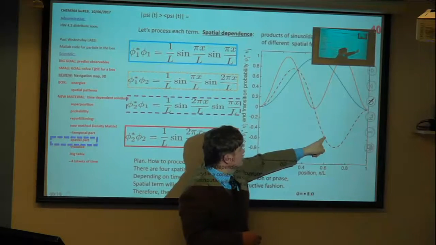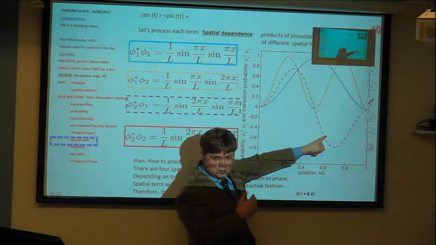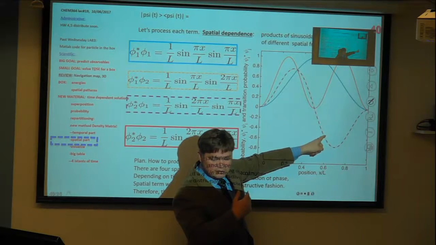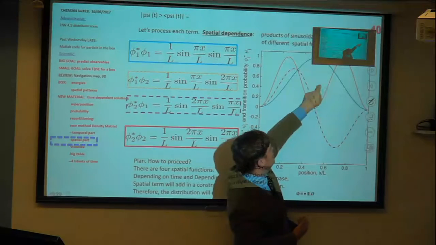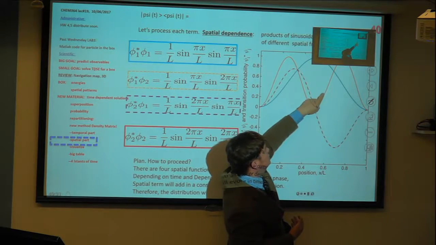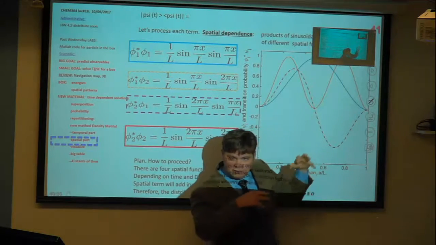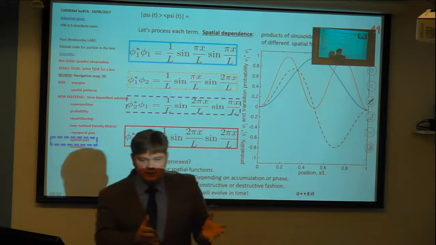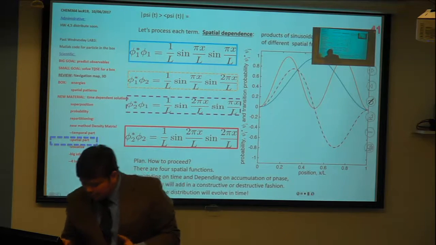So at different levels of progression through phase accumulation, it can change its phase, multiplied by a positive or negative factor, and then it is either added or subtracted to the overall distribution of probability. I should have verbalized it here.